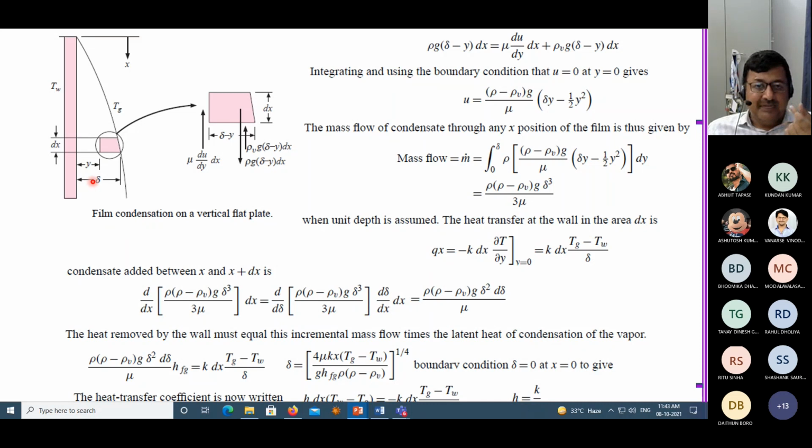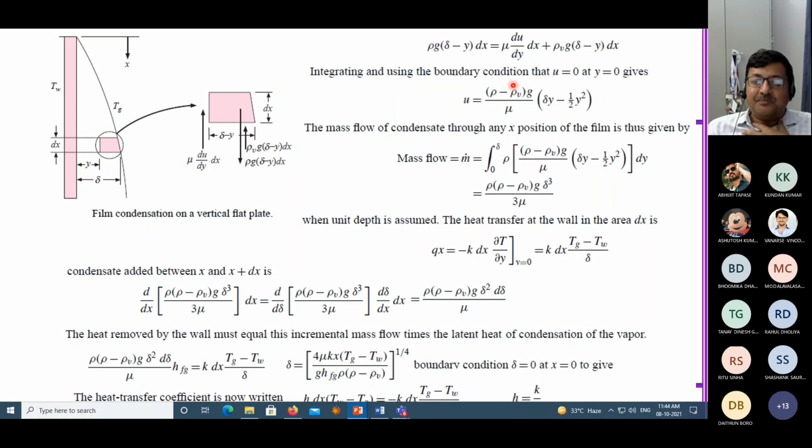From here to here, you may anticipate that y is increasing, and delta is also increasing. So delta minus y is your variable here. This thickness is delta minus y, and this thickness is dx.